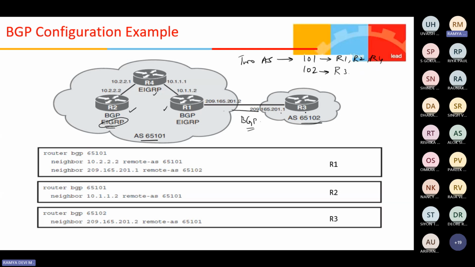Right. So R1 has two neighbors. If I'm taking R1 as an example, two neighbors are configured.